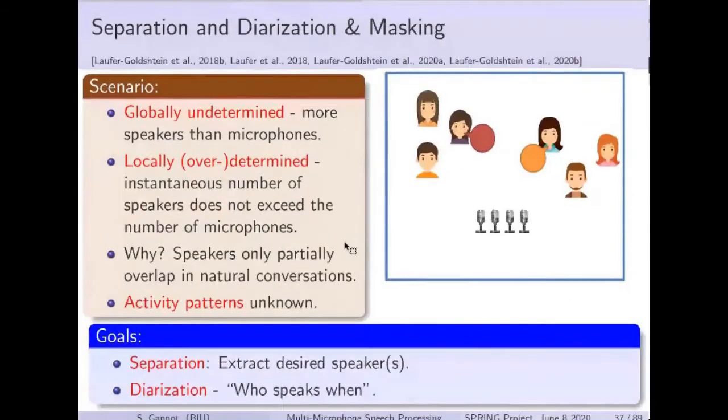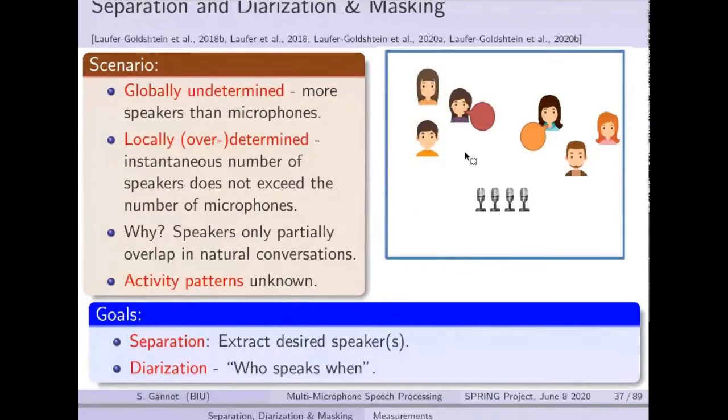So let's start with the specific environment. As I said before, and as you can see depicted in this figure, we have 6 speakers but only 4 microphones. So the problem is globally underdetermined, with more sources than microphones. However, we can assume that people do not speak all the time concurrently.